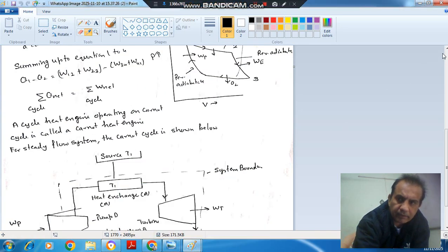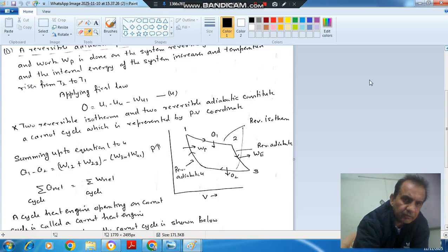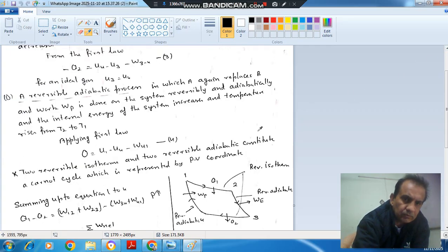Heat supplied or heat rejected is 0. That process is your 4-1. So the final condition is 1 and the initial condition is 4. So there is a change in energy. And work is put into the system, so minus W41 will be there. Work is done on the system, so minus means we are giving work to the system.